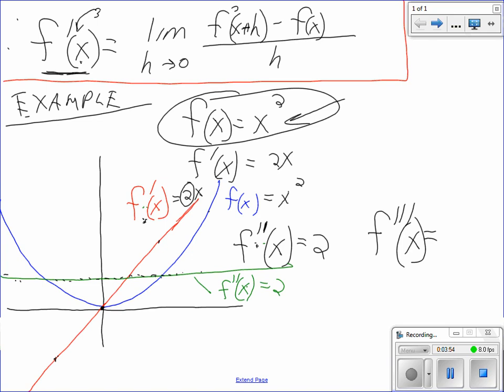What's the instantaneous slope of that line? It doesn't change. It looks like it's 0. Sure enough, that's 0. I could draw that again, but that would be just a straight line here. Okay? So, the derivative can be thought of as a function, and it gives you the slope of the tangent line.